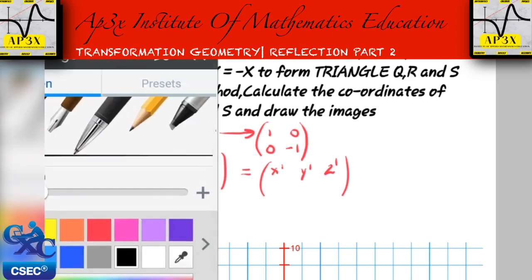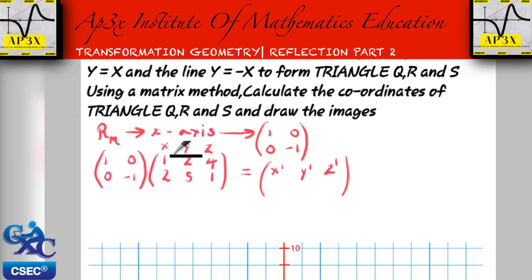That's basically what is happening. 1 multiplied by 1 is 1. 1 multiplied by 2 is 2. 1 multiplied by 4 is 4. Let's go to the bottom and multiply by -1. So -1 multiplied by 2 is negative 2, then -1 multiplied by 5 is negative 5, and then -1 times 1 is negative 1.